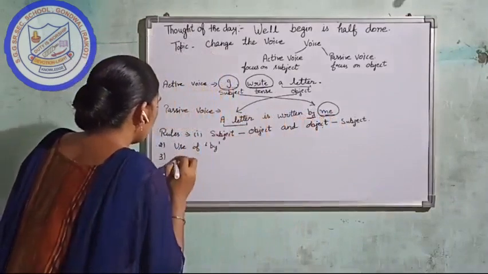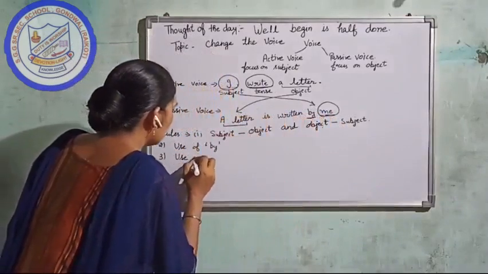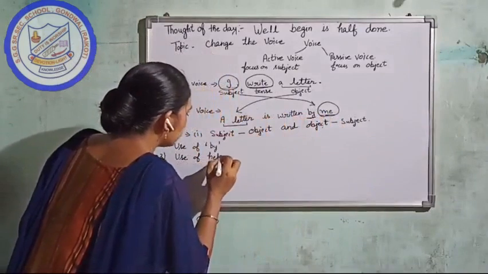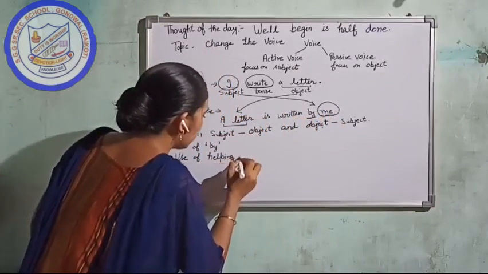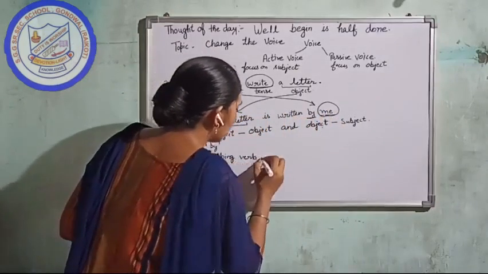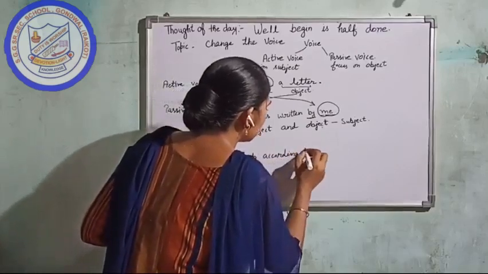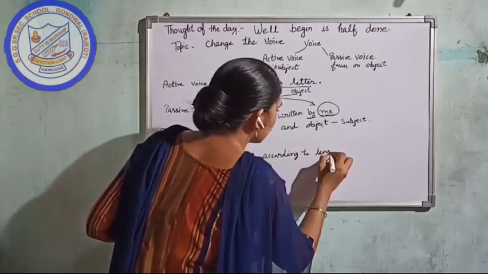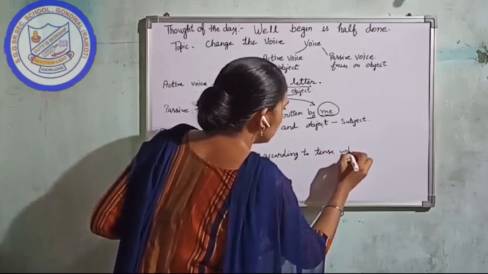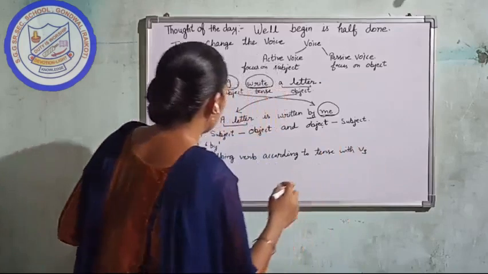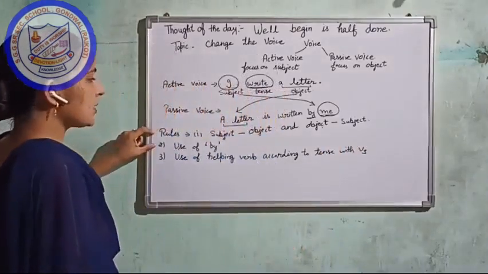Then use of helping verbs. Helping verb according to tense with past participle. Now, first two rules are very simple.